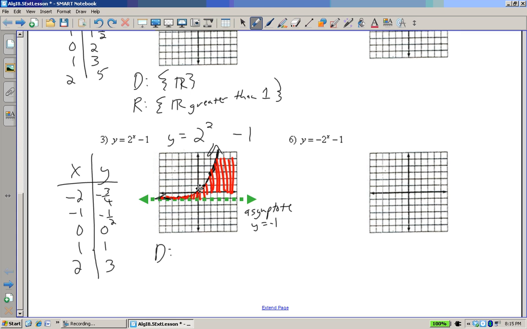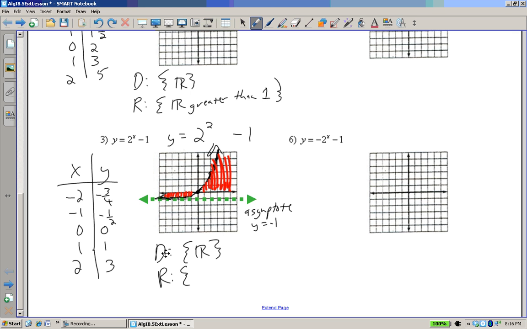I'm always going to be able to find some value. Oops, excuse me, I did that to the asymptote, not to the x-axis. So I'm going to be able to assign values here, be able to sort of draw it down to the x-axis for positive infinity and negative infinity. So the domain is going to be all real numbers.